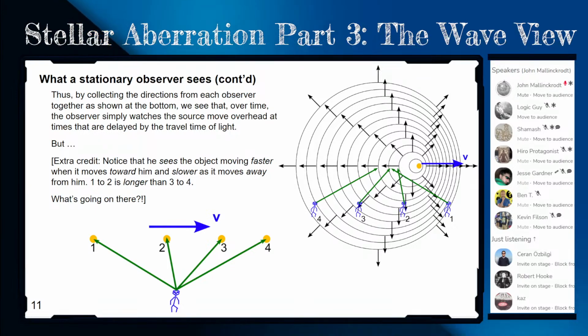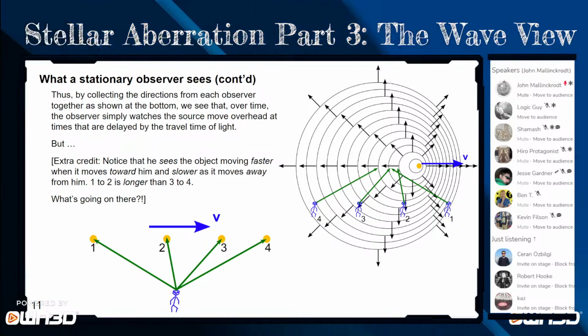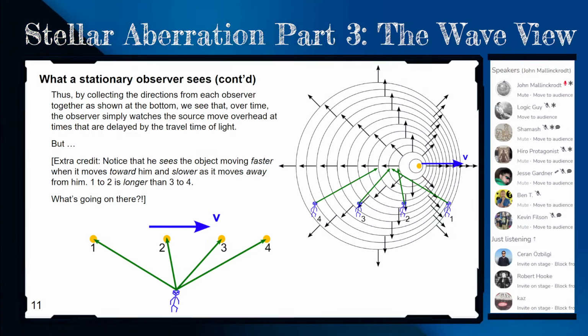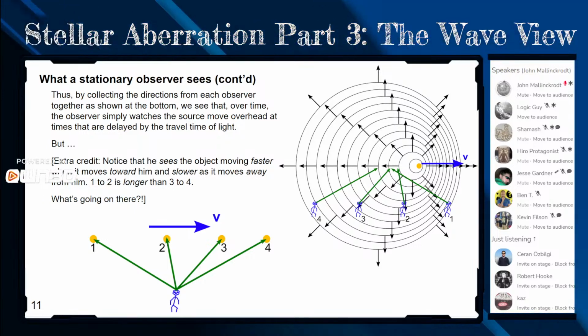Shamash had said something about there being no Doppler effect, but there definitely is. This is classic Doppler effect. And that Doppler effect manifests in visual terms, in the object itself looking like it's traveling faster than it is when it comes toward you, and looking like it's traveling slower than it is when it's moving away from you.